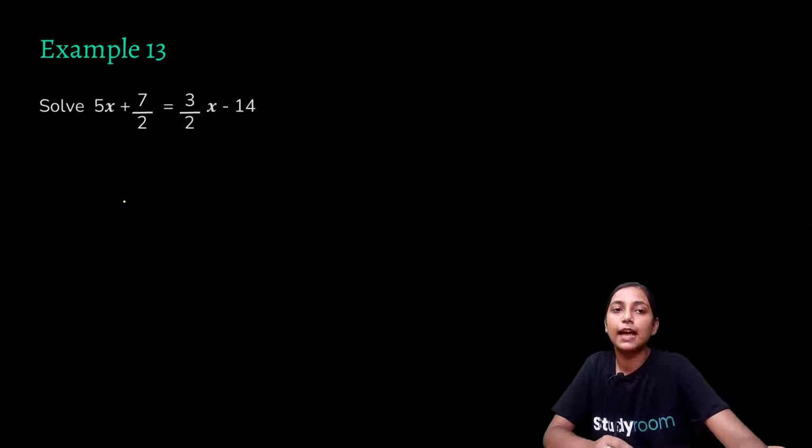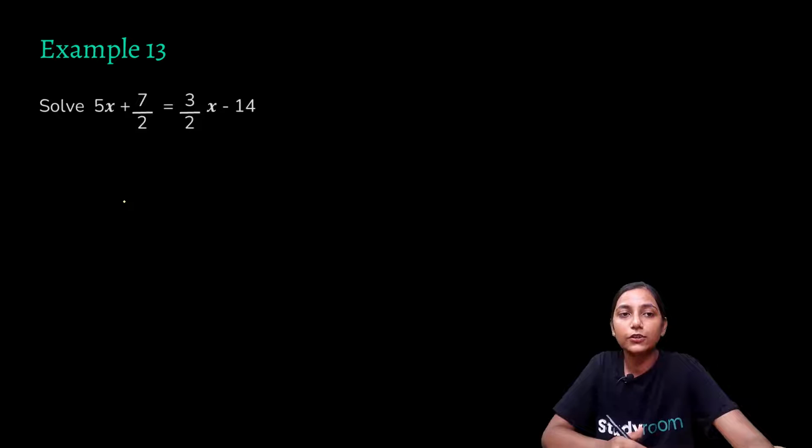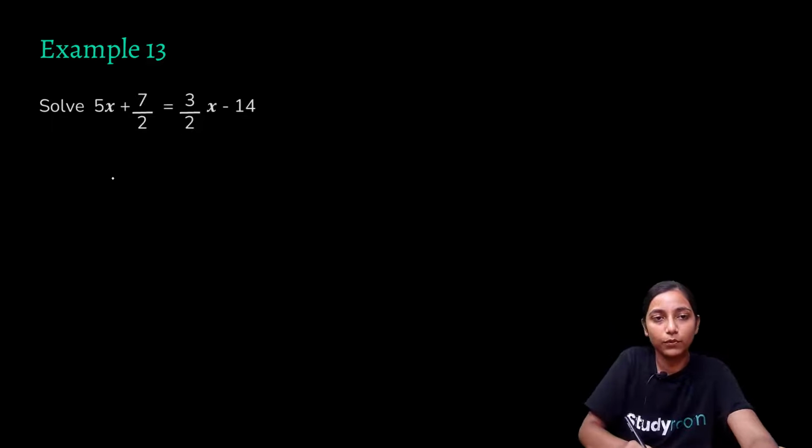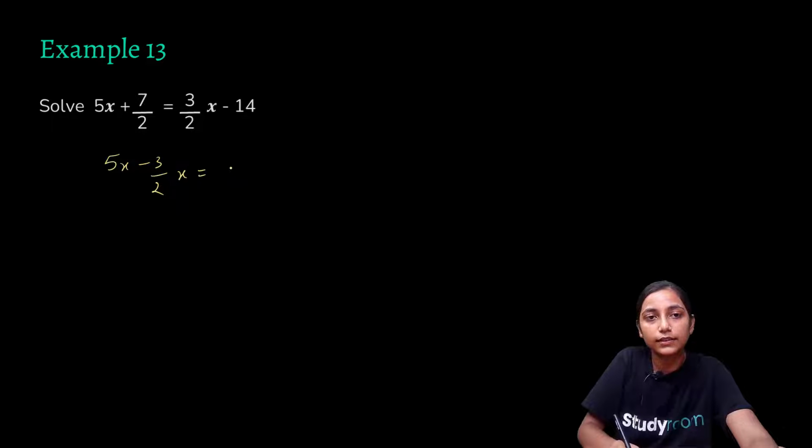Next is example number 13. We need to solve 5x plus 7 by 2 equals to 3 by 2 x minus 14. Again, bring both these terms having variables to one side. It will become this, and these will become minus 14 minus 7 by 2. We will solve it by taking the LCM, which is 2.